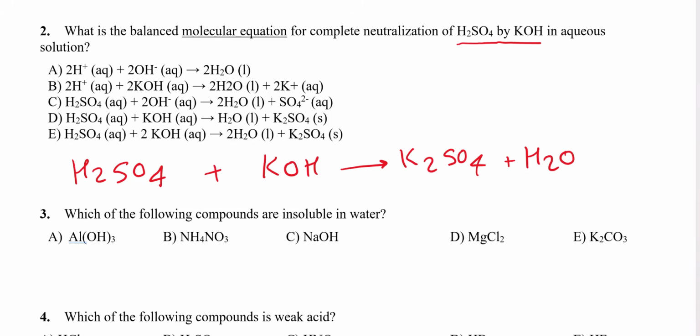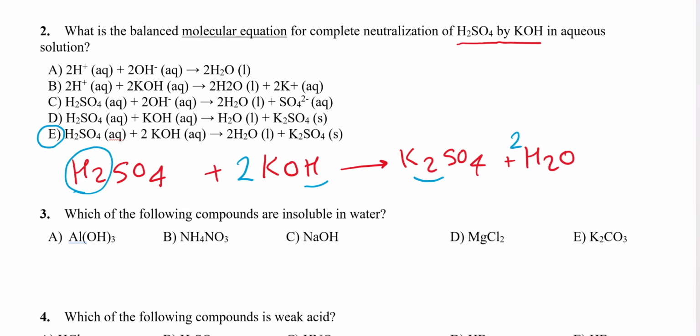So we can see clearly that we need 2 potassium, and here we have the coefficient 2 for potassium hydroxide. We also have 4 hydrogen and we need a coefficient for water as well. So this is the equation we need and the answer is E.